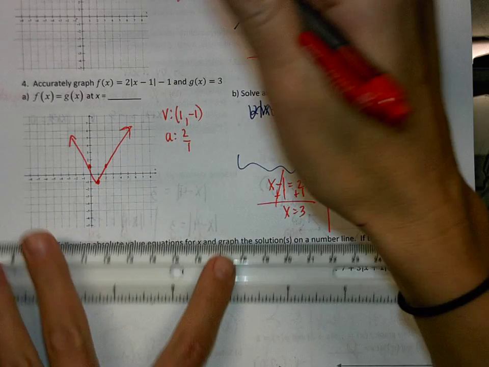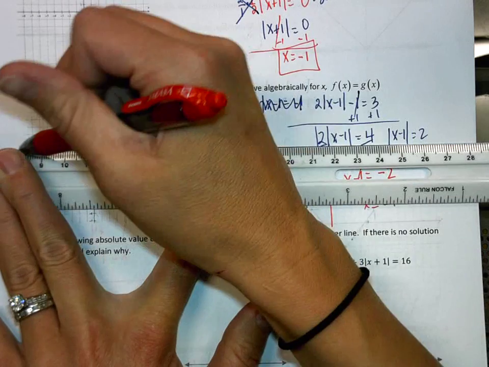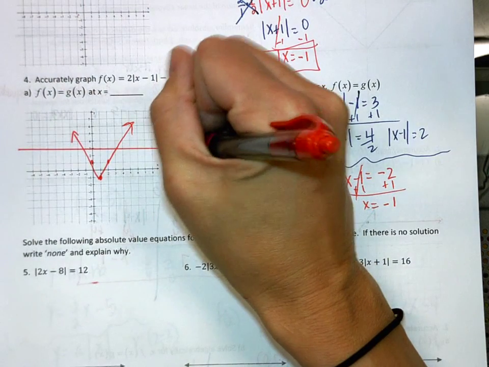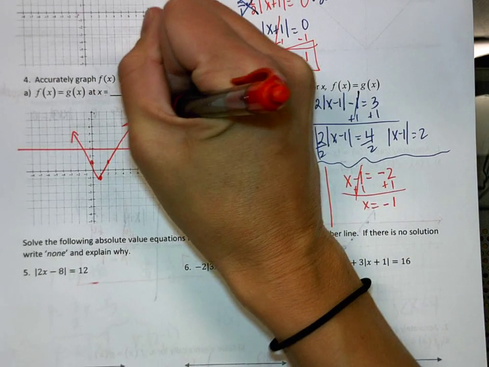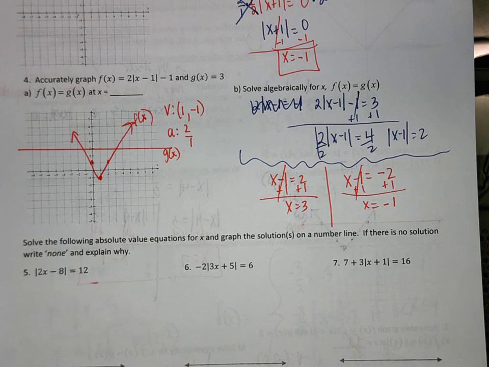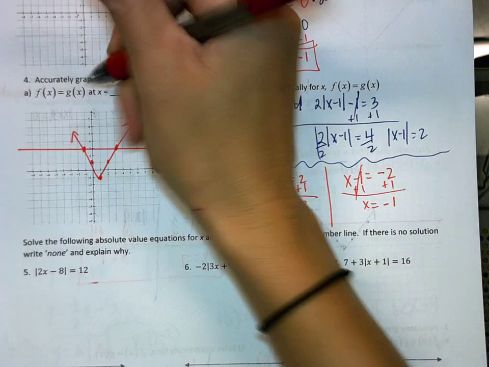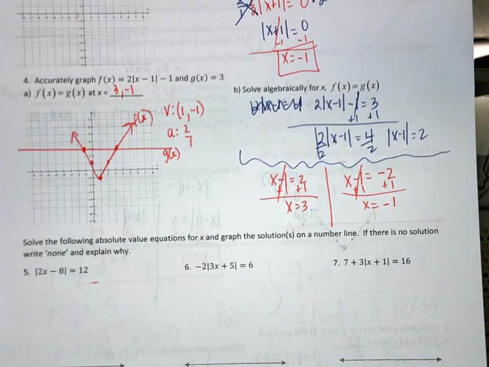So we go up to 3. Draw our line, that's g of x, this was f of x. Am I missing something? No. Okay, and then our points are at 3 and negative 1. Okay, are there questions?